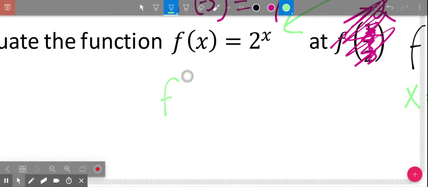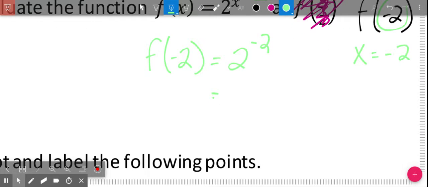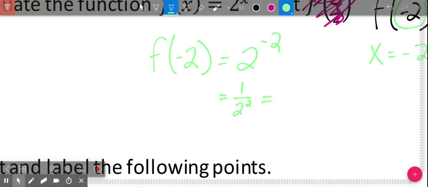That's my input. So I'm going to put that into the function. So now I'll have f of negative 2 equals 2, and instead of an x, to the negative 2. Now, we spent all that time working on our exponents. So remember, if I have a negative exponent, that means I have to move it to the bottom. So it becomes 1 over 2 squared. And 2 squared just gives us 4. So 1 over 4.